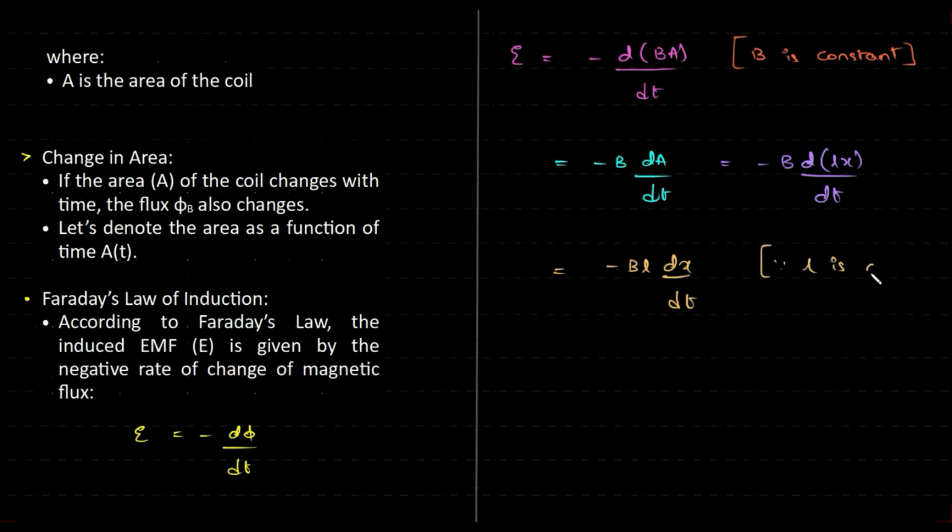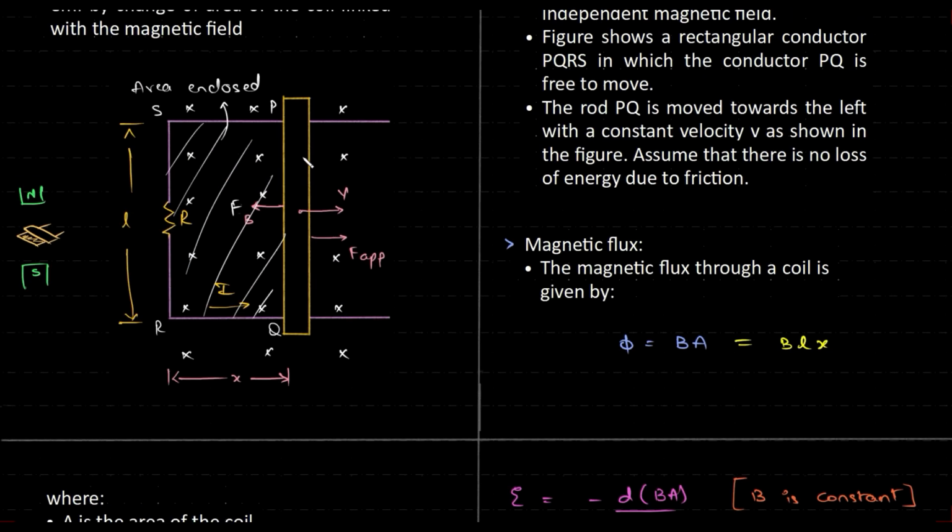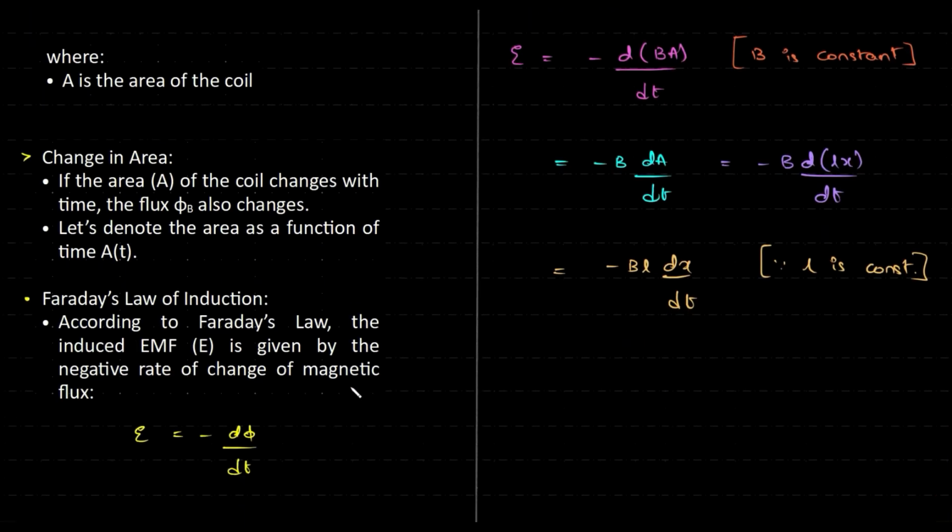Length is constant. Agree? So PQ length is constant. Now, what is dx by dt? Rate of change of distance with respect to time. That's nothing but your velocity. So that's your expression. That's your final expression.